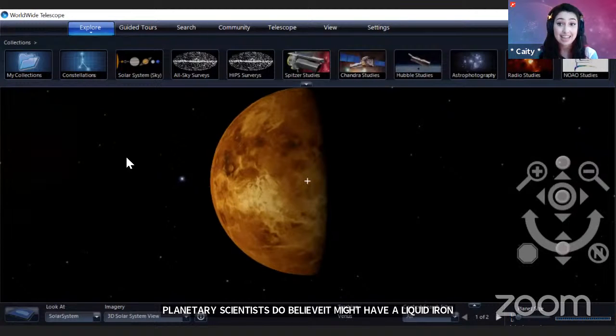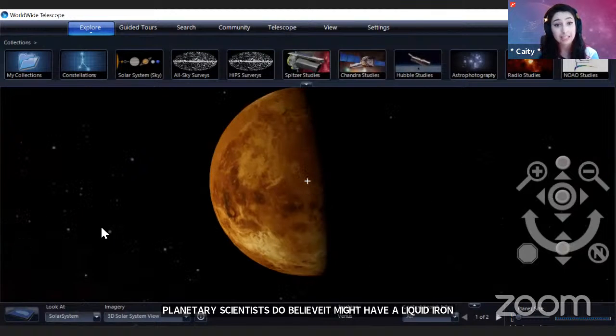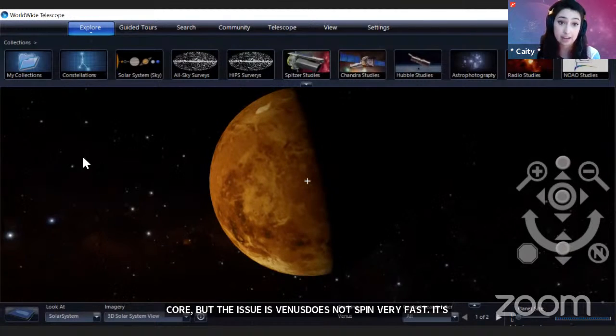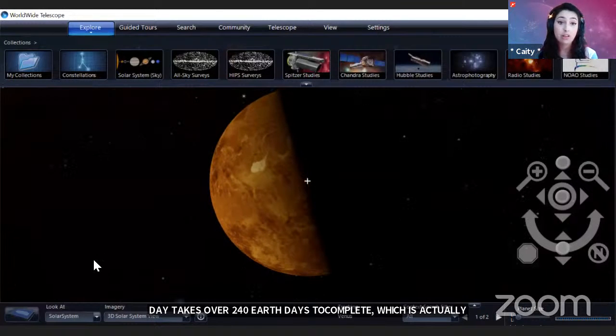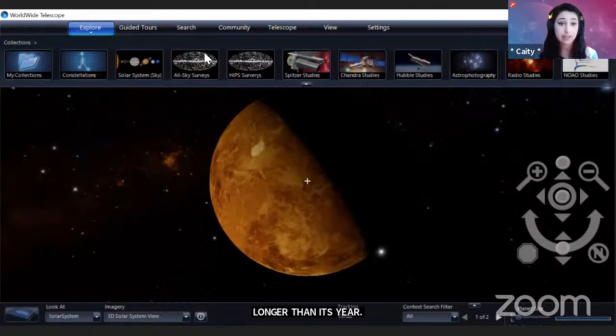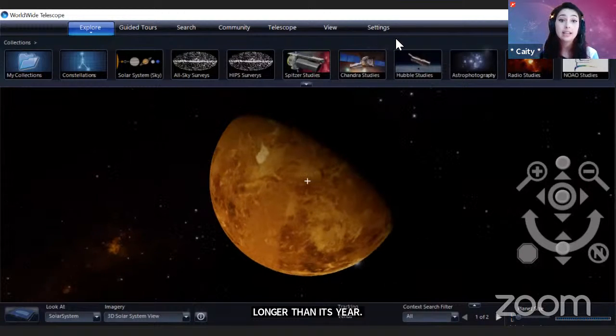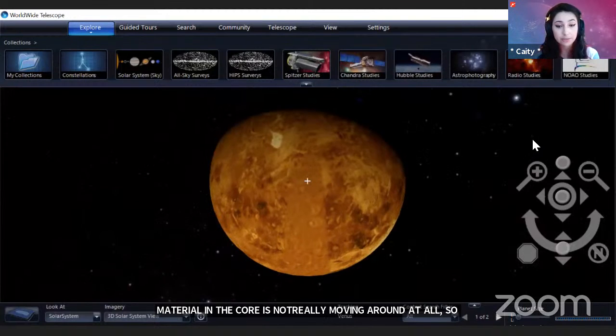Its day takes over 240 Earth days to complete, which is actually longer than its year. So it's not rotating very quickly at all. So all of that material in the core is not really moving around, and so it's not generating the electric current needed to induce a magnetic field.